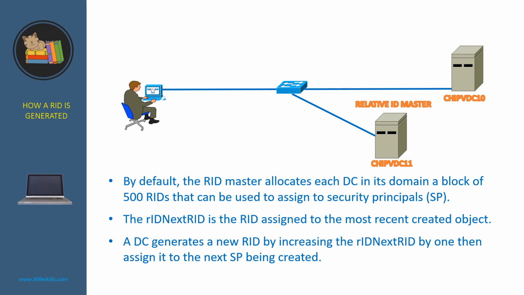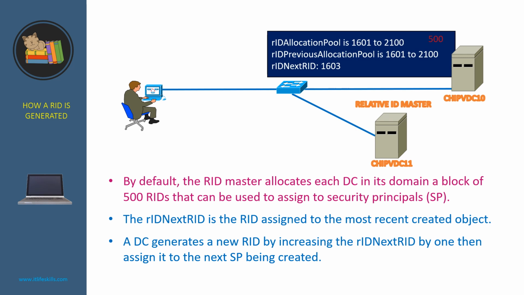Here is how a relative ID is generated. By default, the relative ID master allocates each DC in its domain a block of 500 relative IDs that can be used to assign to security principals. The RID next RID is the relative ID assigned to the most recently created object.